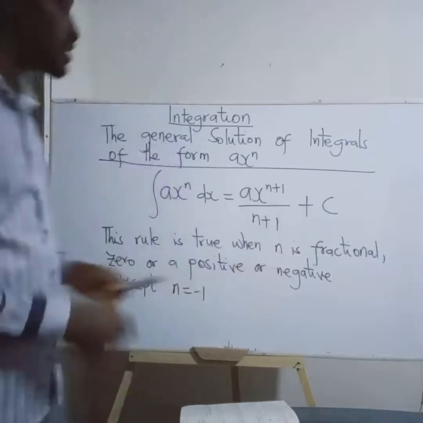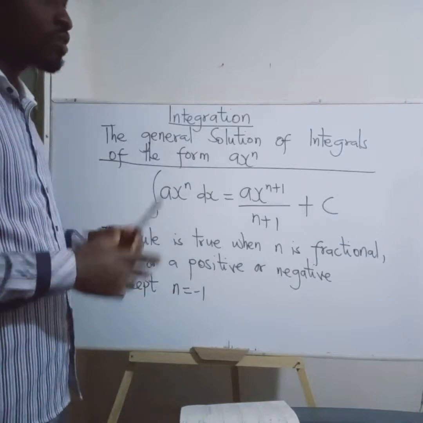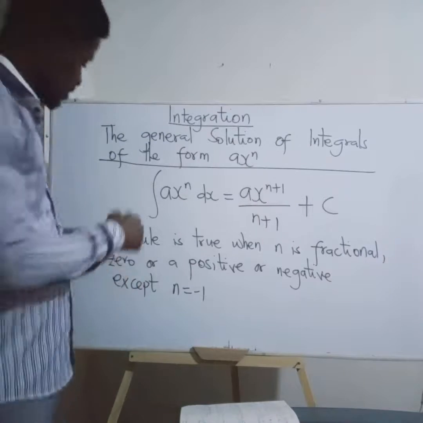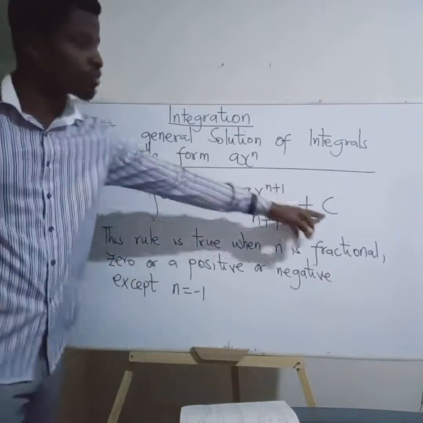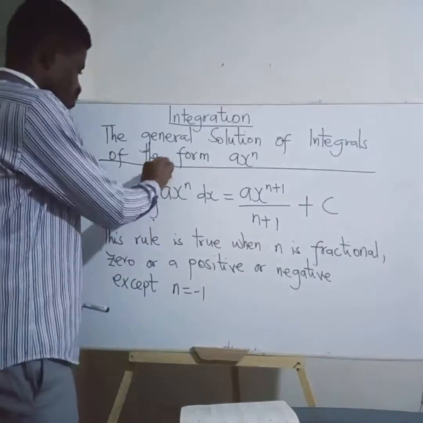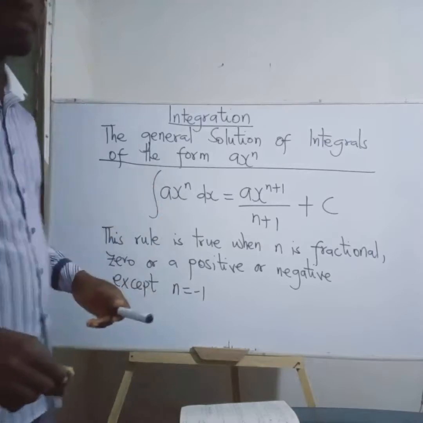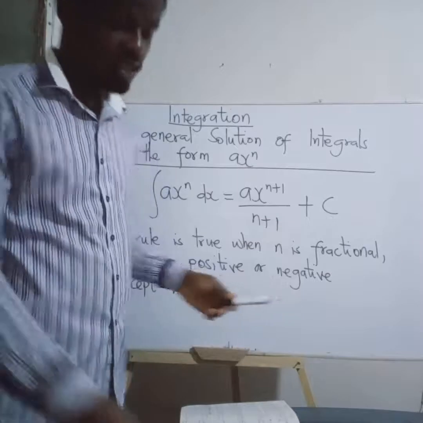The c is called the constant of integration. So anytime you're integrating without any limits, after finding the integral of, you add plus c to it.